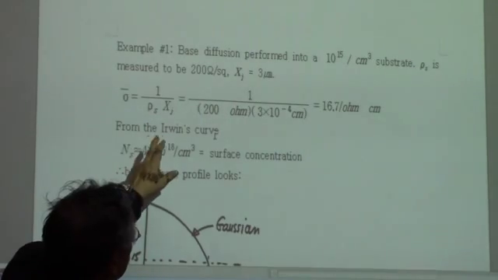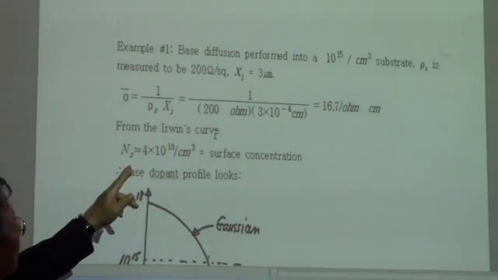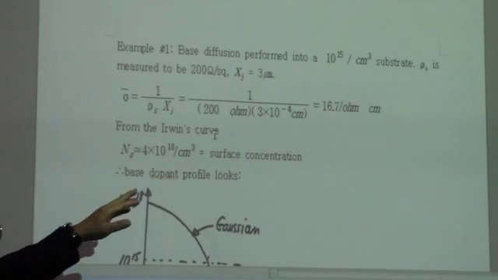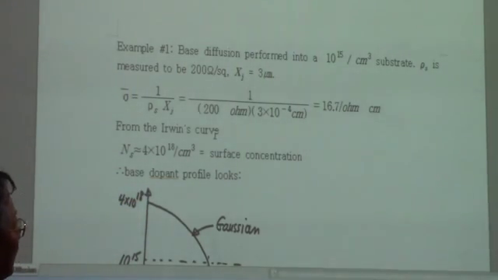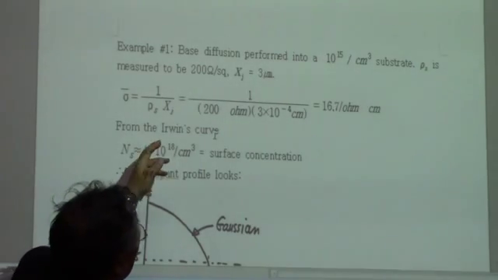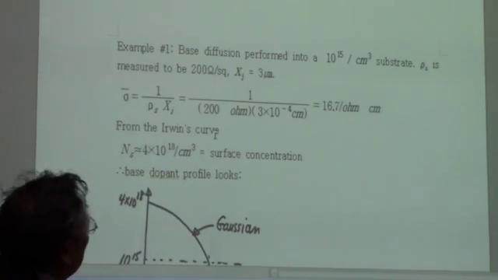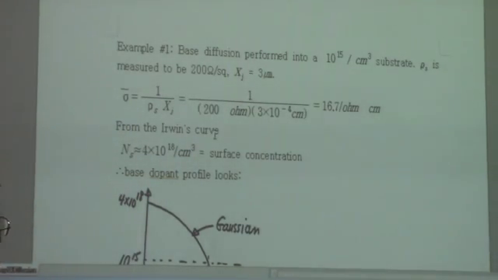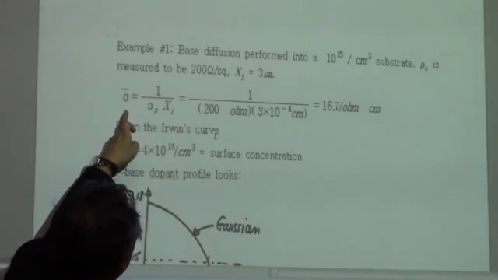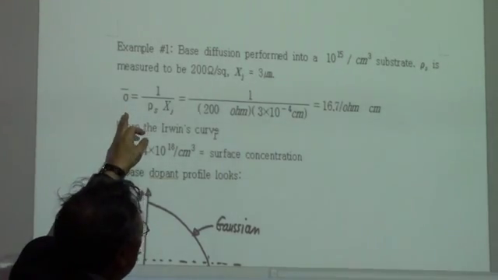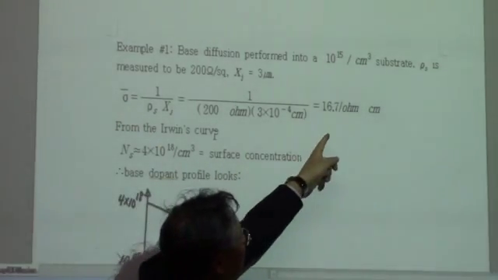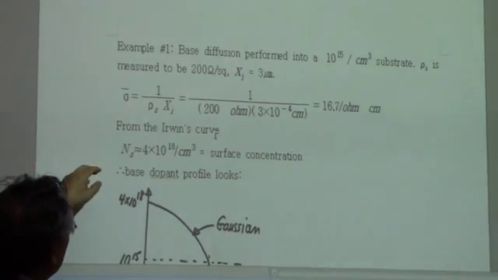The first example says that if we perform the base diffusion on the 10 to the 15th doped substrate, okay, and the sheet resistance has been measured to be 200 ohm per square, and the junction depth turned out to be 3 micron.